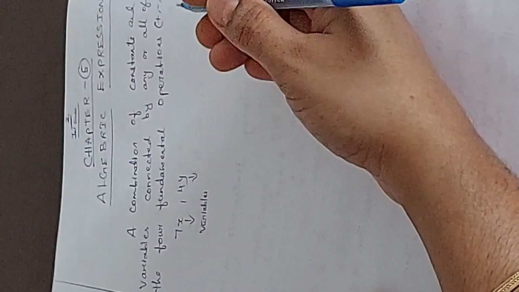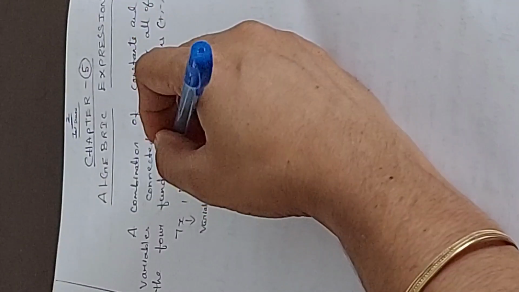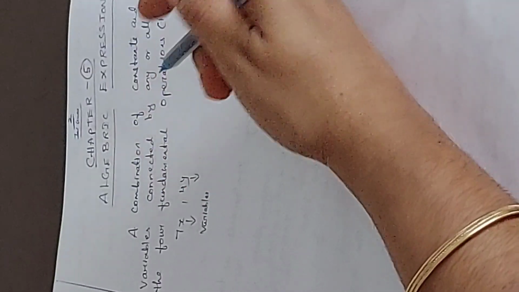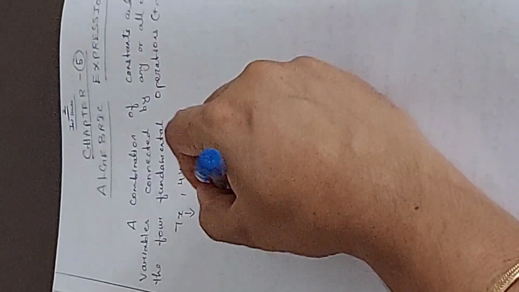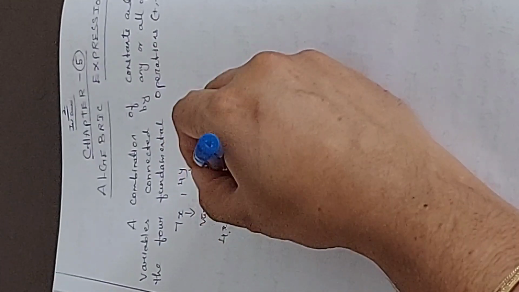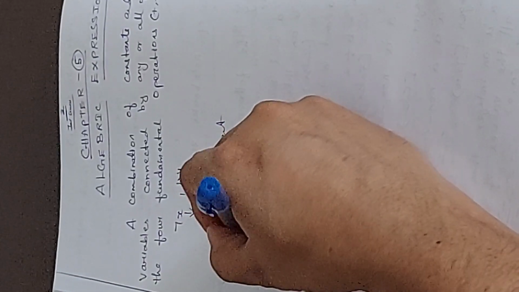We can also obtain expressions by combining variables with themselves or with other variables. And constant is without the variable. If it is coming like this, 4x plus 9, then 9 is called a constant and this x is called a variable.